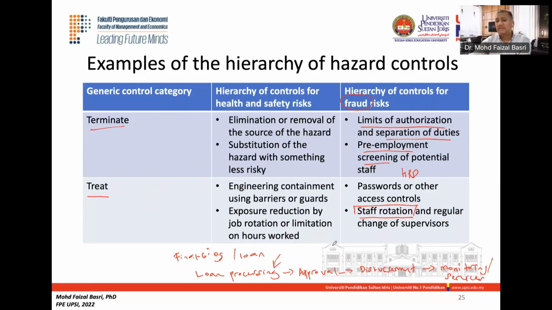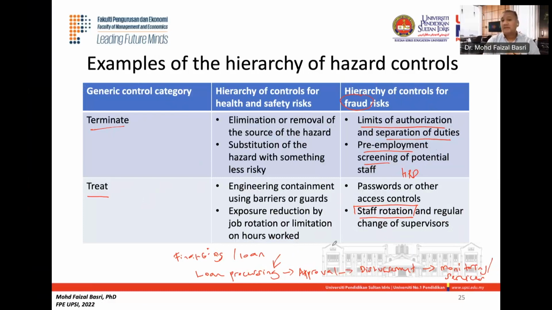They will recommend for approval to the branch manager or to whoever the approving authorities are. If they do the same job scope for a long time, they have access to the customer. So maybe there's a potential of some loan processing staff doing potential fraud with the customer.